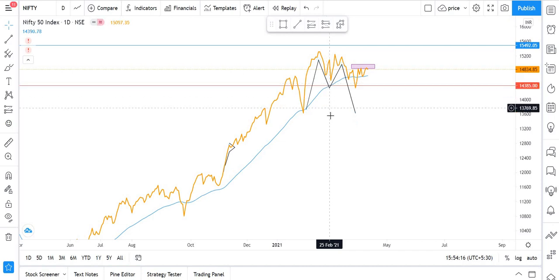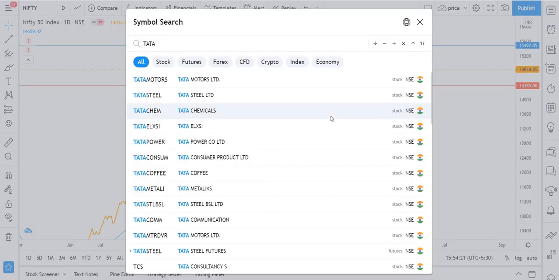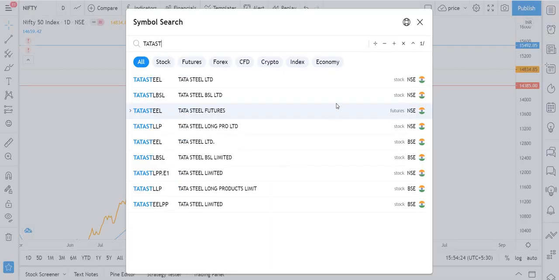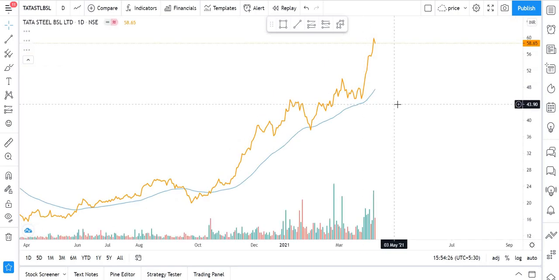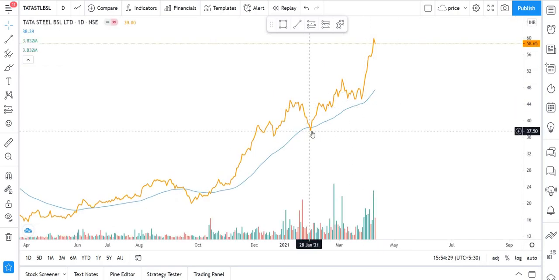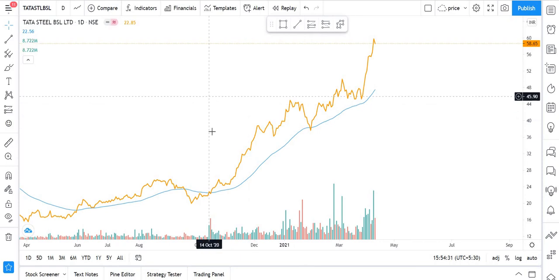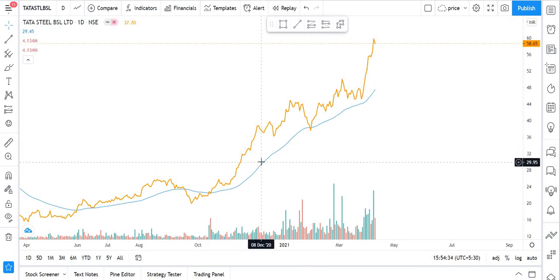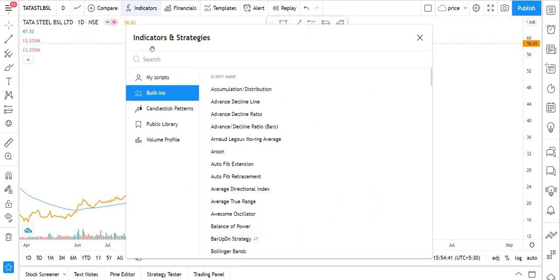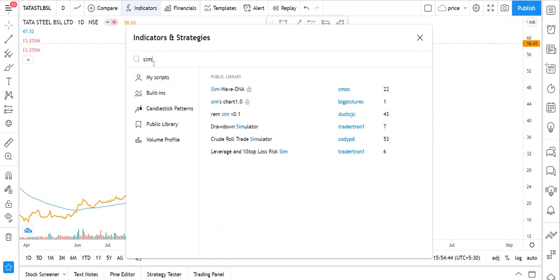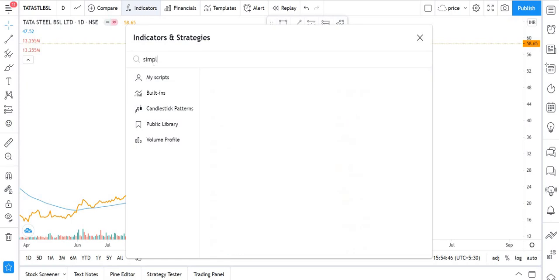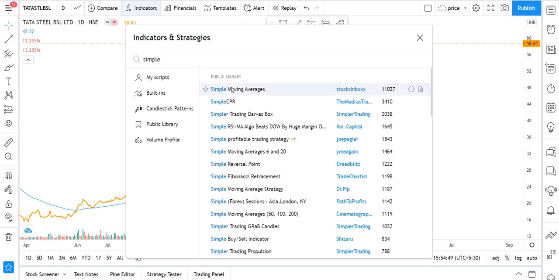So now it would be a big calculation, so let's take a stock whose price is not so high. I'm opening Tata Steel BSL, a stock whose price is not so high, so we can use it. First of all, let's change this EMA. We are going to use another one. Let's use a simple moving average.